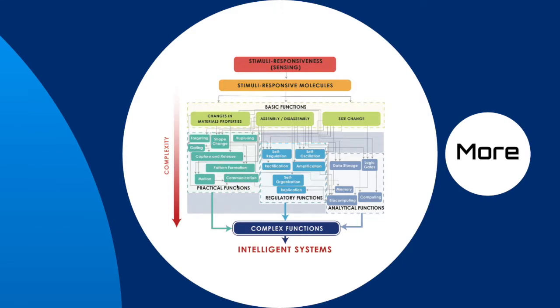We have at least three types of functions: practical, regulatory, and analytical functions, which create complex functions that define intelligence. So this is a pathway that we want to replicate in developing new materials.